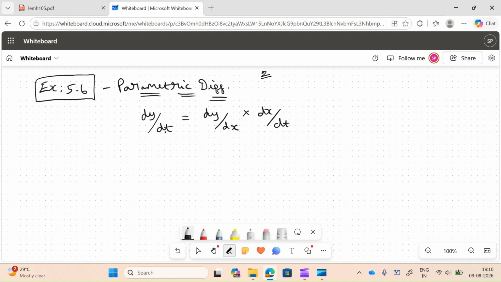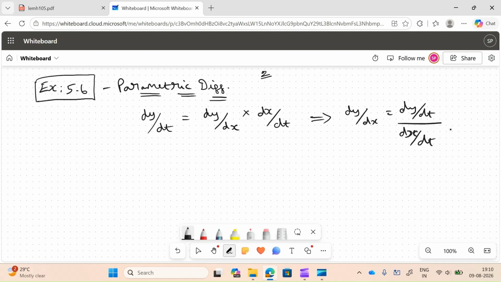First you differentiate with respect to x, and then that x you differentiate with respect to t. You can consider the dx getting cancelled, but that's not how it really works. So from this, dy by dx is equal to dy by dt divided by dx by dt, right? This is parametric differentiation.